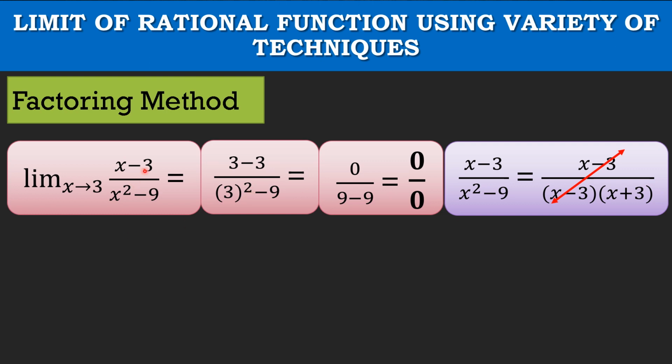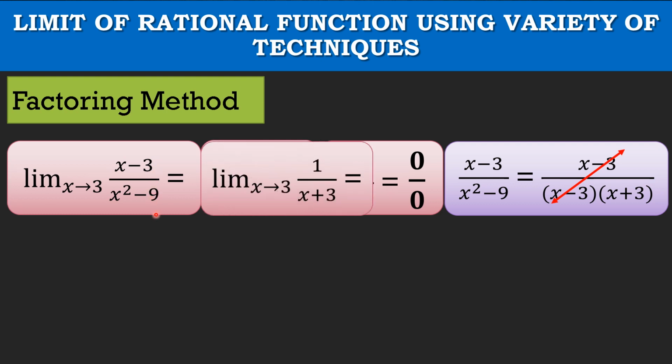So instead of using the function x minus 3 over x squared minus 9, we will find the limit of 1 over x plus 3 as x approaches 3. So again, the function x minus 3 over x squared minus 9 is also the same as 1 over x plus 3 gamit yung factoring method. Okay? So from this, we can now use direct substitution. Yung x natin magiging 3 na siya.